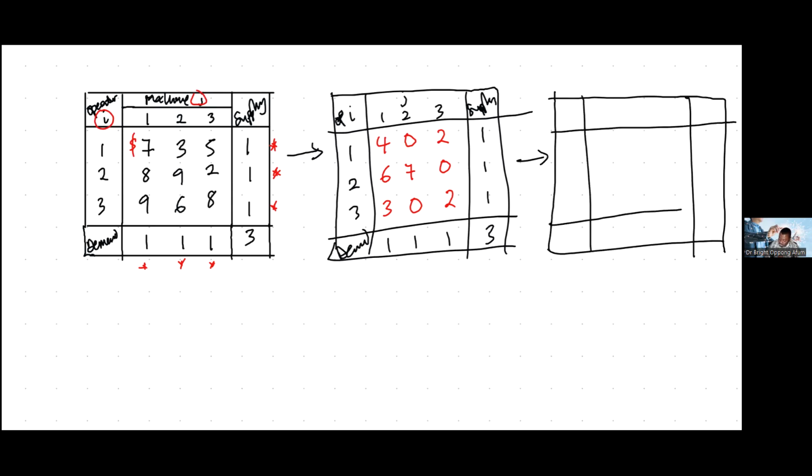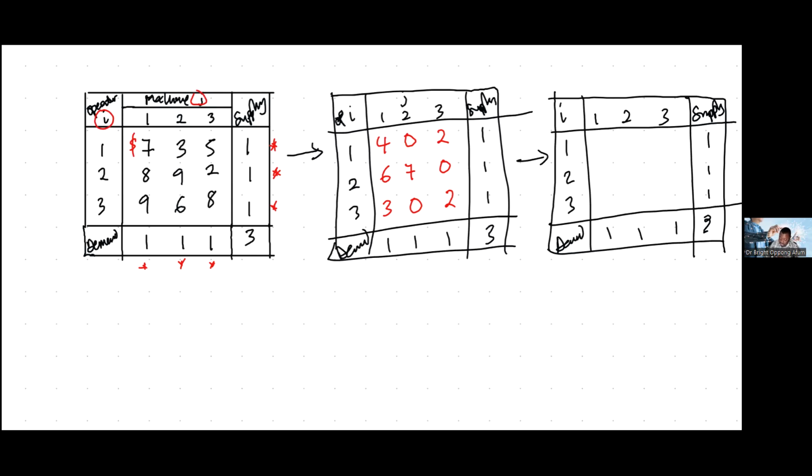The next opportunity table is where we create the column reduction. Within the first column, we have 4, 6, 3.